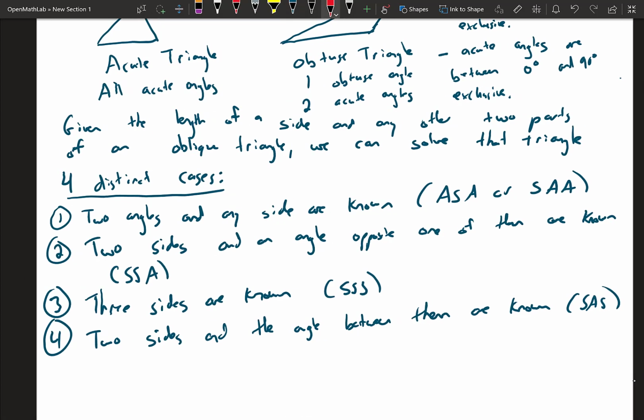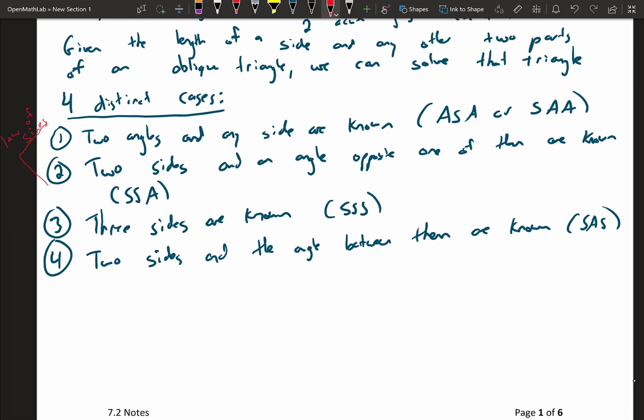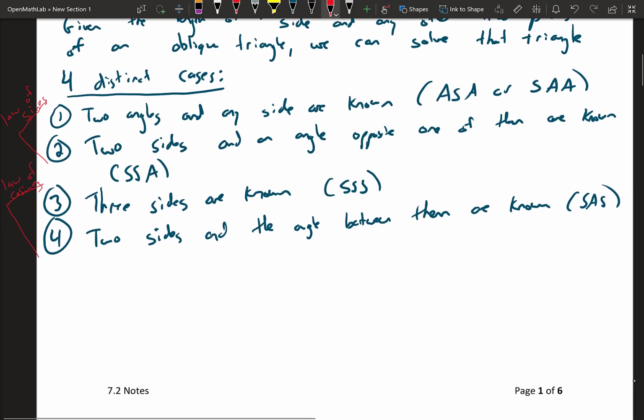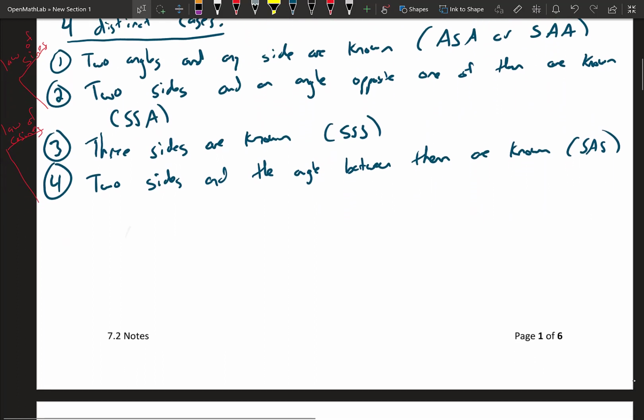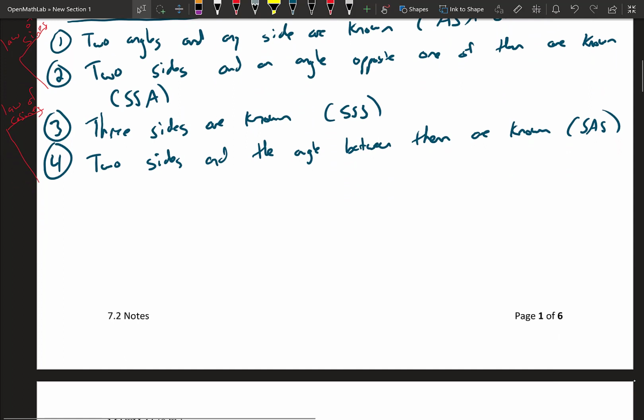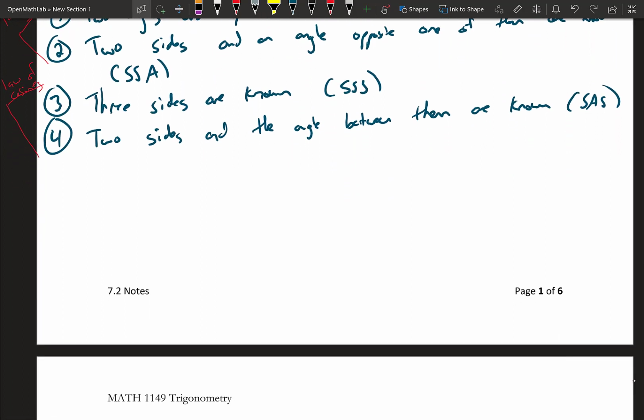So for the first two cases, we're going to use the law of sines to solve, and that's what this section is on. The next section is on the law of cosines, and that's what we'll need for the last two situations.